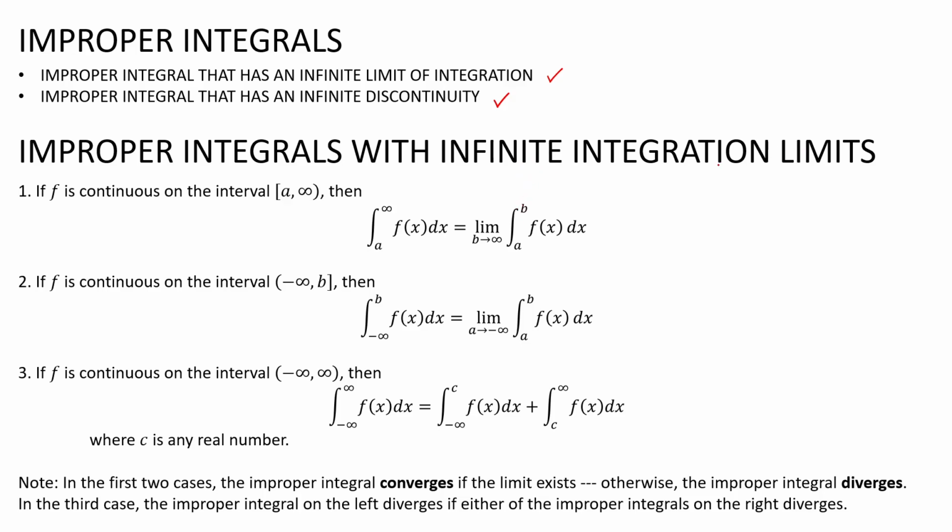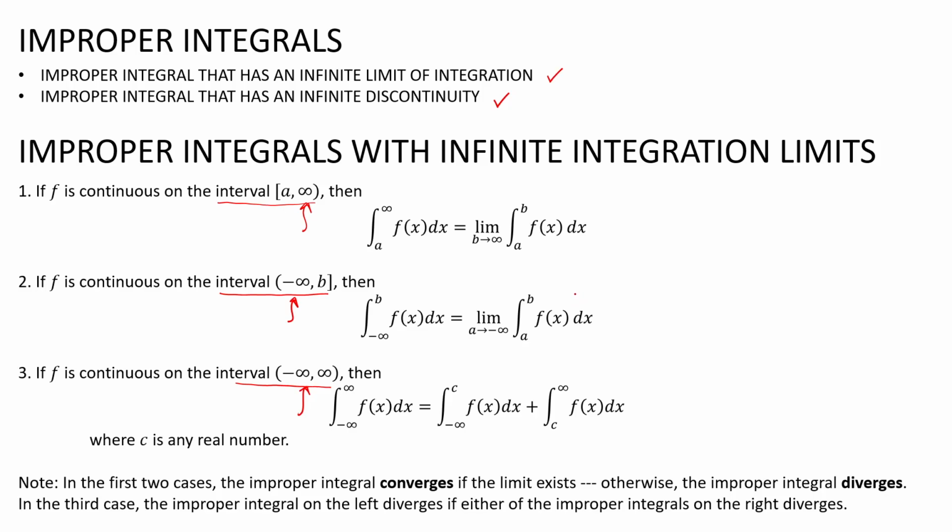So to begin with, we start off with the improper integrals with infinite integration limits. So we have three properties. As you can see, f is continuous on the interval of a to infinity, negative infinity to b, and then negative infinity to infinity. Notice that we always have an infinite limit of integration in the situation.